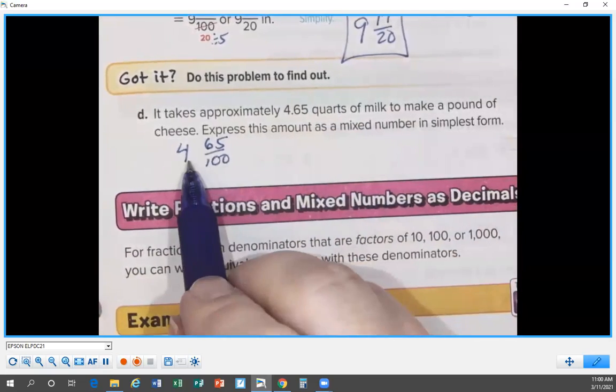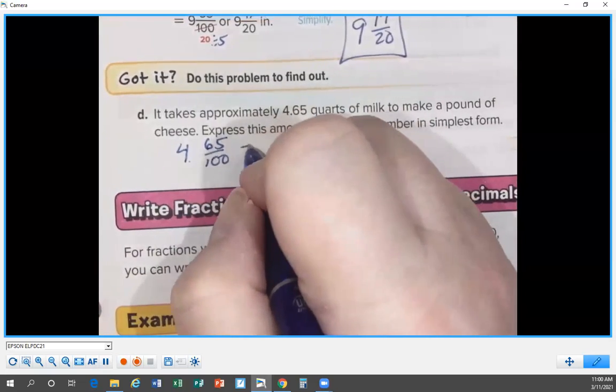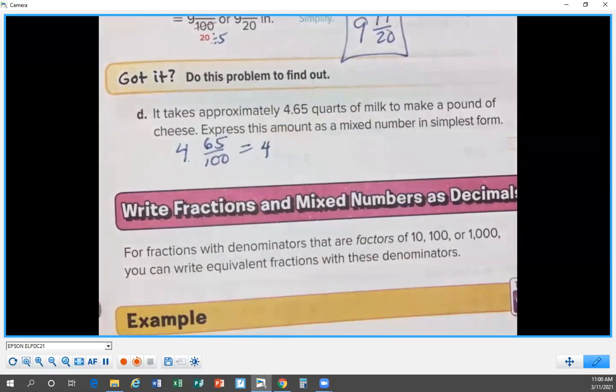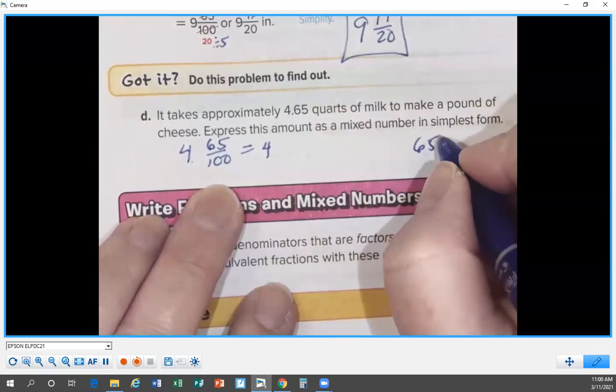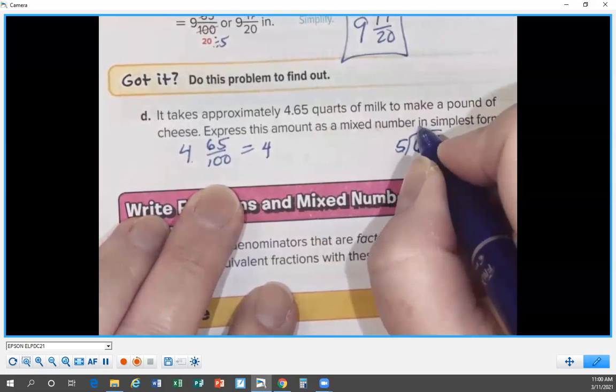4 65/100. So I know I'm going to leave my whole number alone, my 4. Okay, I look at 65 and 100. They both are divisible by 5. I know that because the divisibility rule for 5 is if the number ends in a 5 or a 0, it's divisible by 5. Okay, so then I divide that out. 65 divided by 5. 5 goes into 6 once.